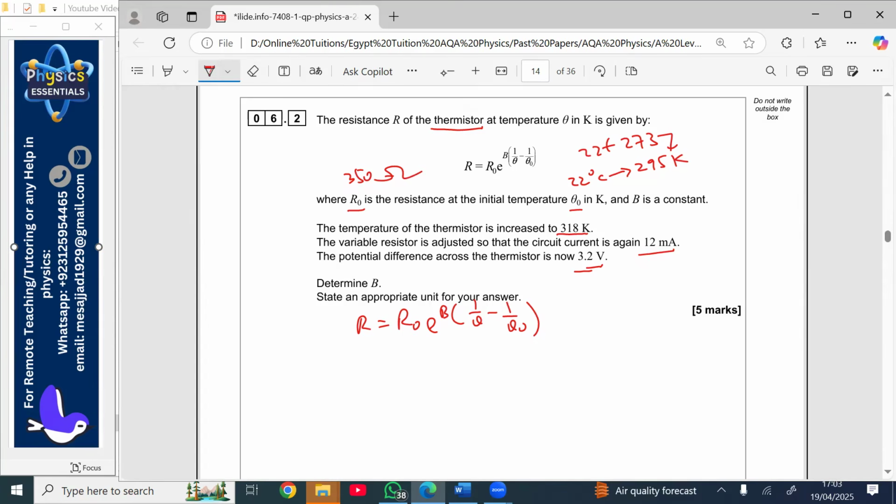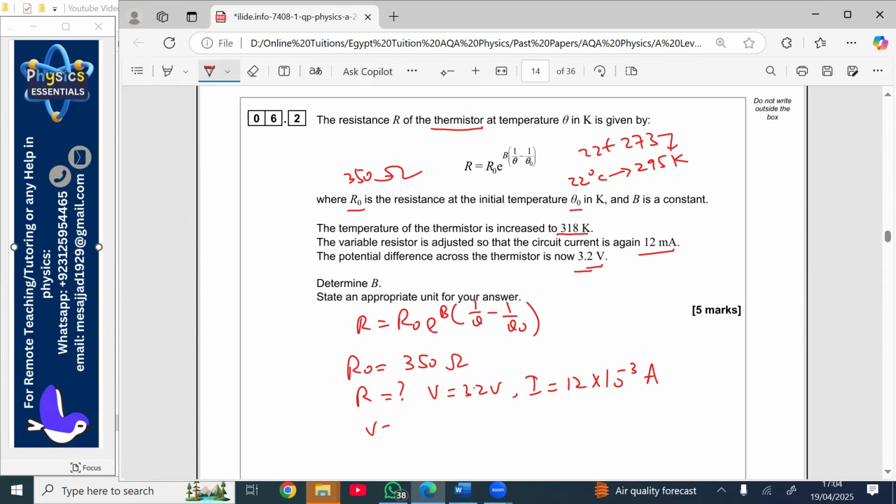Now you need to find the constant B. First of all, R naught is 350 ohms, and for R we have V equals 3.2 volts and I equals 12 into 10 raised to the power minus 3 amps.